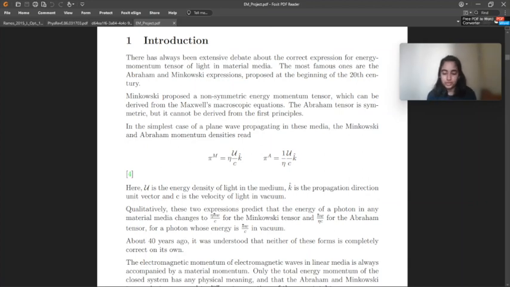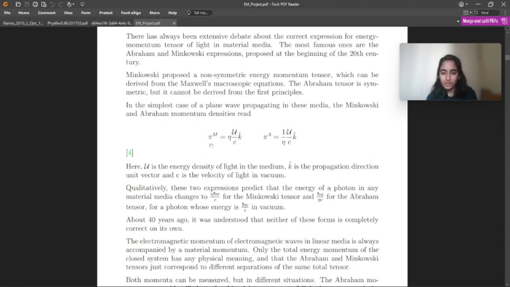Some features of these tensors are that the Minkowski tensor can be derived from your Maxwell's macroscopic equations, and it is a non-symmetric tensor, whereas the Abraham tensor cannot be derived from any first principles, but it is a symmetric tensor.